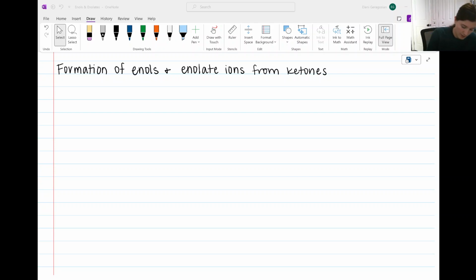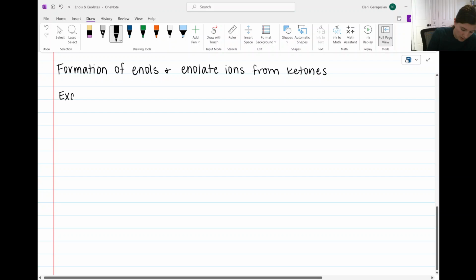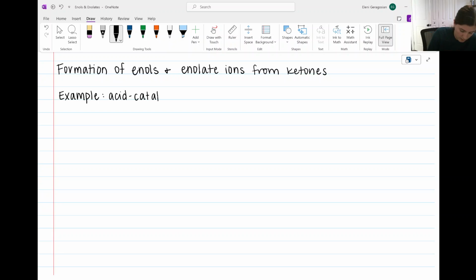Let's do an example with acid catalyzed. We'll say enolization. So we'll start with a ketone, form an enol in acidic conditions. So let's say we start with acetone.